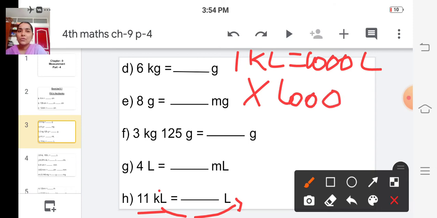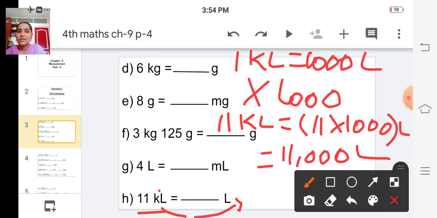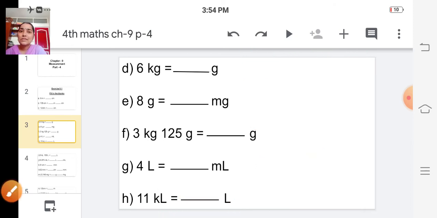Okay, so 11 kiloliter is equal to 11 into 1000 liter, which is equal to 11,000 liter. So the answer is 11,000. Okay, it is very simple only. The only thing is you have to remember all the conversions.